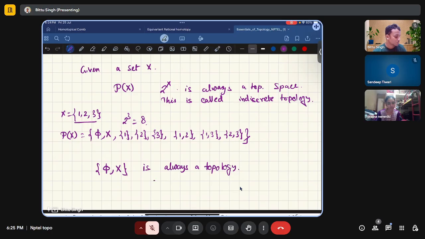This topology is called the indiscrete topology. Extremely sorry, I mixed them up. Discrete means it has everything, the finest topology, and this one, empty and X, is called the indiscrete topology.